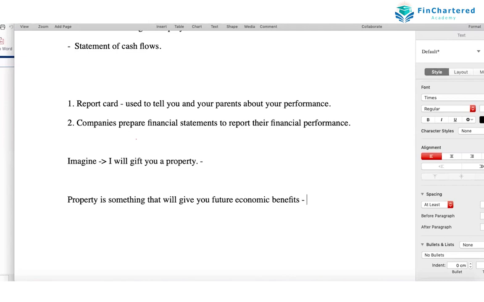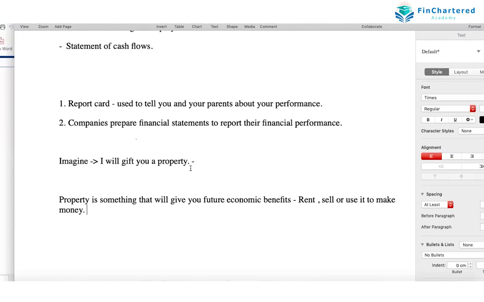Maybe you will rent it out, sell it and get money, or use it to make money. So according to IAS 16, when will you recognize something as property? When it gives you future economic benefits. And you people told me this.